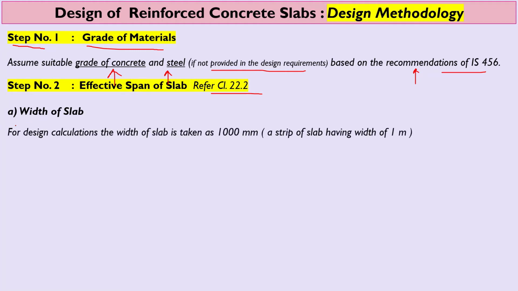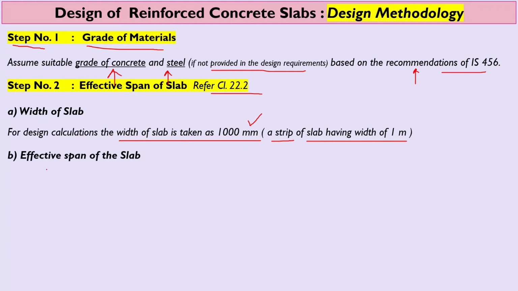For design calculation, as I have already discussed, the width of the slab is taken as 1000 millimeter, that means 1 meter width will be taken. When you design the slab, you have to take a strip for the design, and that strip of slab has a width of 1 meter.